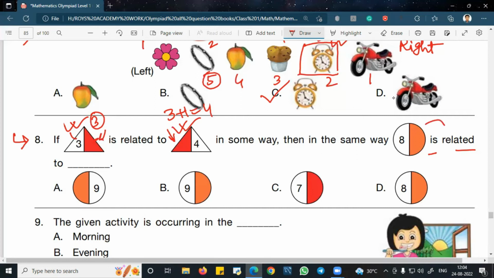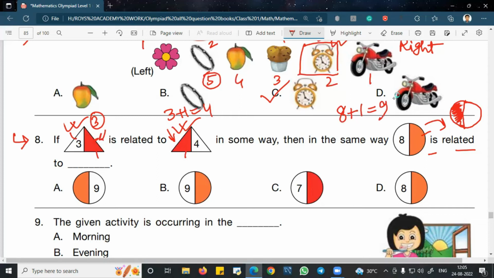So guys, if I draw a circle similar to that, we take half of this circle. You can see this is the red color which is on the right. After that it is red, so the left portion is red. Since the right portion is orange, we have to make the left portion orange. Now the other portion, that is the right portion, will have a number written. We have to write the successor number of 8. The successor of 8 will be 8 plus 1, so we get 9.